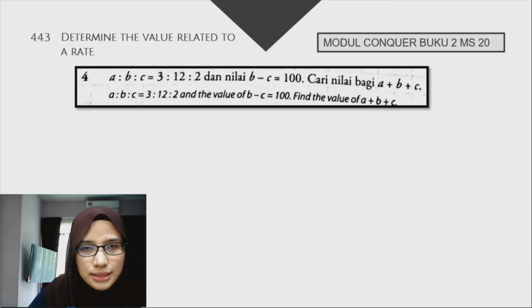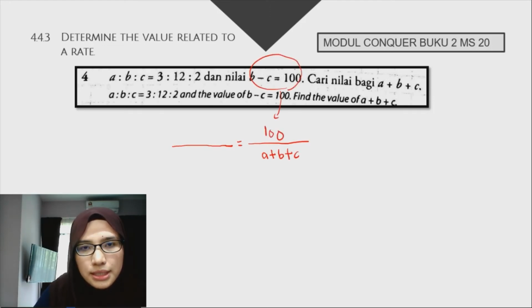So next is the same. I'm showing you proportion. Proportion here is your total, the real total, a plus b plus c, and your above value is the given 100, b minus c. So in here, b minus c is 10. Total 3 plus 12 plus 2 is 17.